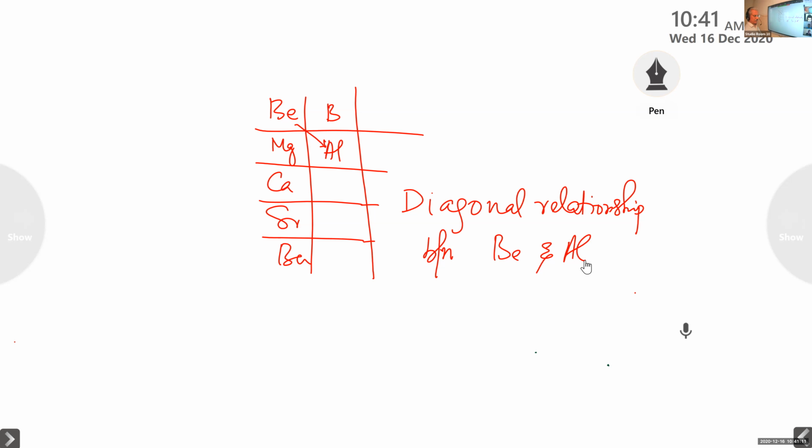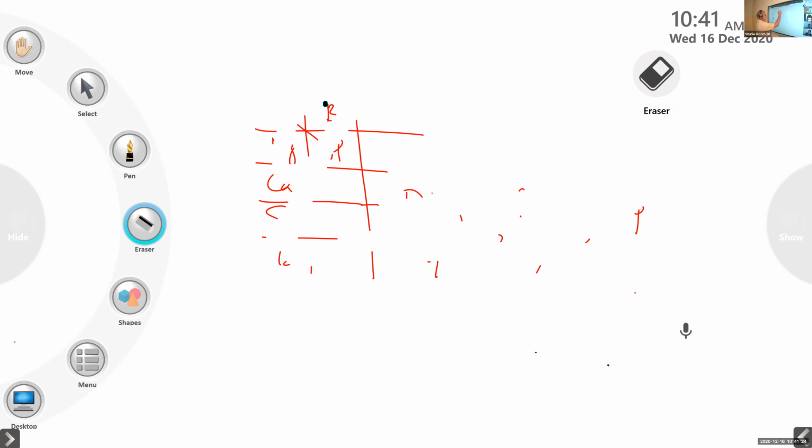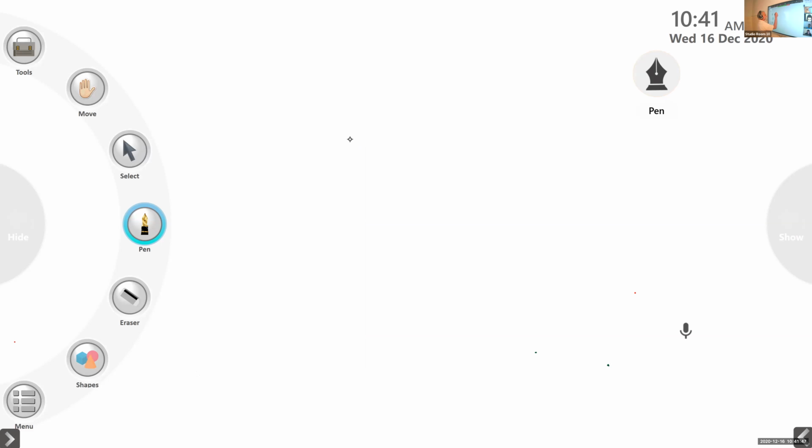Now, let us come to the atomic and the ionic radii. Comparison of the atomic and ionic radii. Compare the atomic size and ionic size of group 2 elements with those of the alkali metals. What will be the comparison?